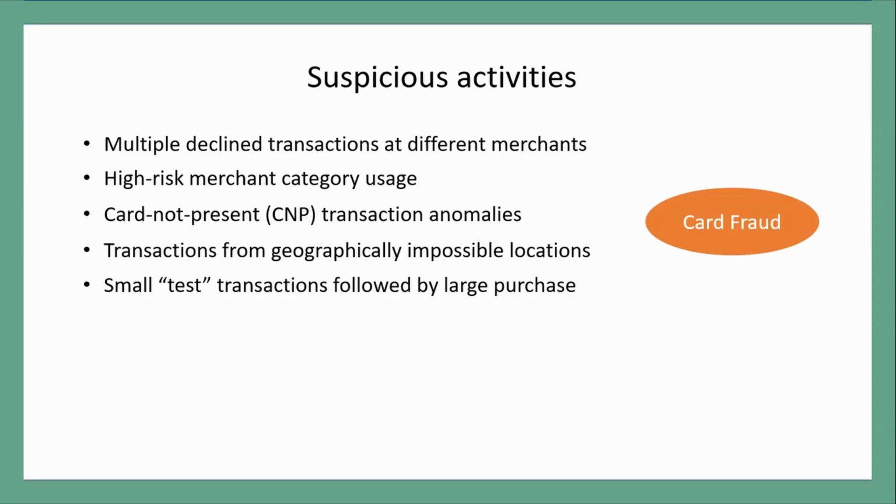So you rarely do a small test transaction at a merchant place. The next is international usage without prior travel pattern. So suddenly if there is an international usage happening outside the country, then it becomes suspicious.